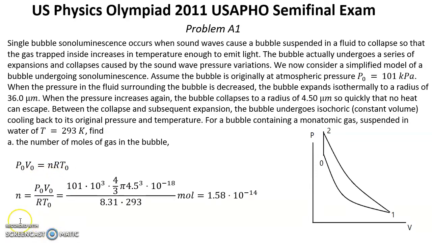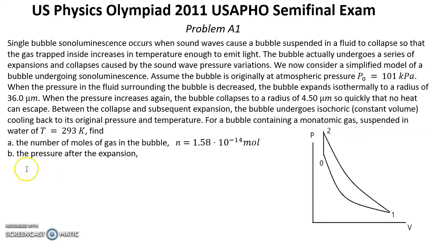Now we can find the number of moles. That will be, in point 0, pressure multiplied by volume divided by R times temperature T. So when we put numbers, we will get 1.58 multiplied by 10 to the power negative 14 moles. That was the answer for question A.